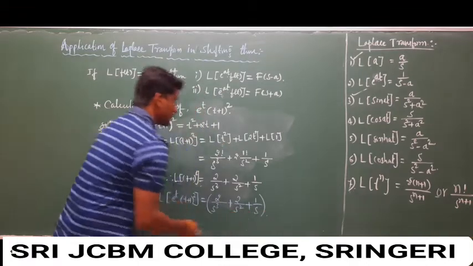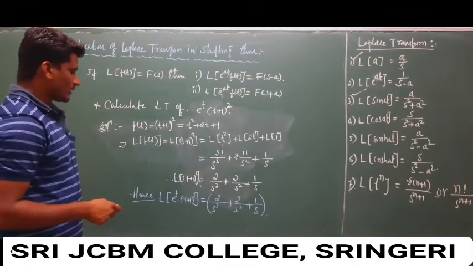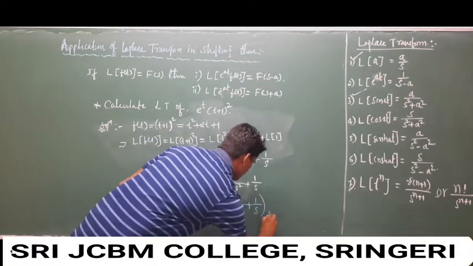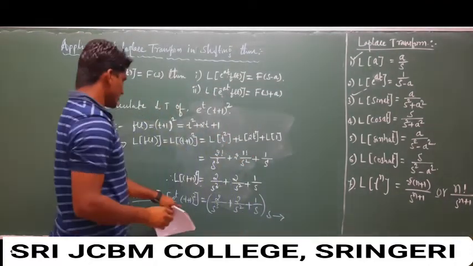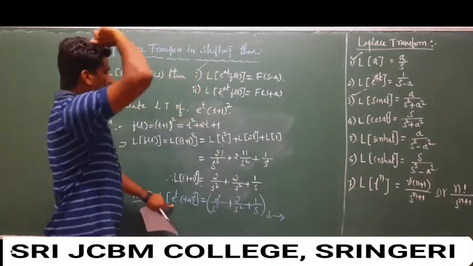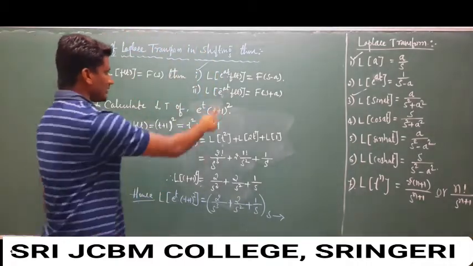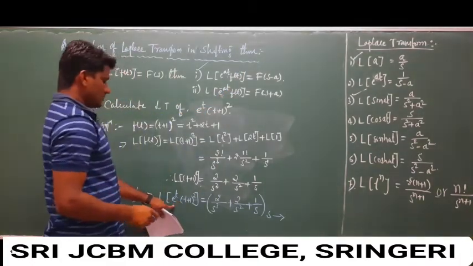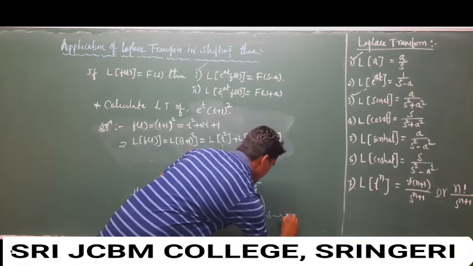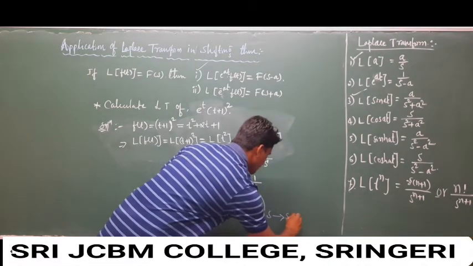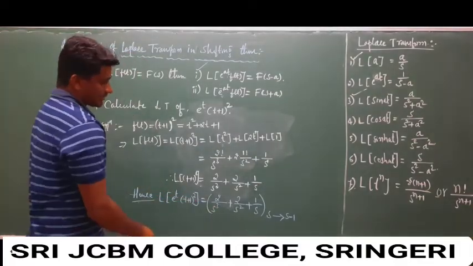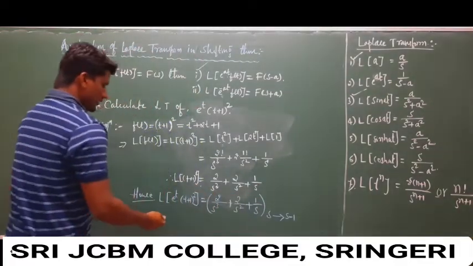So with the help of the first shifting theorem, s can be changed because e to the power at is there. We have to apply the first condition of the shifting theorem: here the constant value is 1, so s changes to s minus 1. So just replace s with s minus 1 in this condition, and that is our solution.